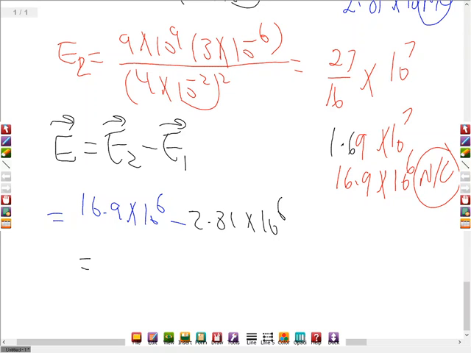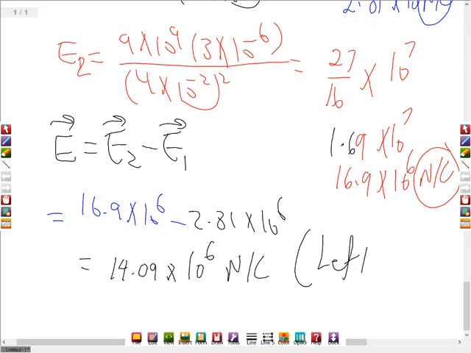Then the calculator section, right? The total is 14.06 times 10 to the 6 Newton per coulomb, to the left, the negative x-axis.